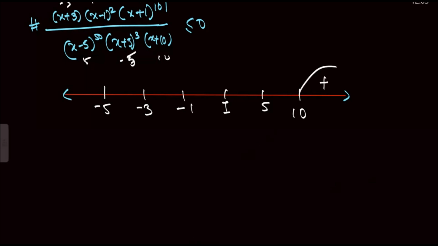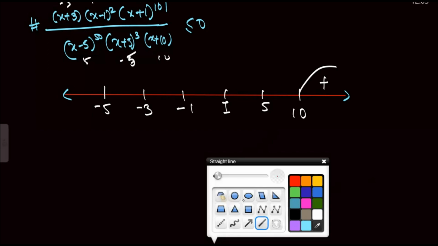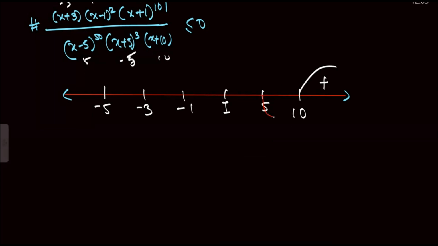Okay, can I draw any arcs? I don't have the arcs. Oh, it's not working. Okay, leave it. This is 10. It has the power of 1, which is odd.